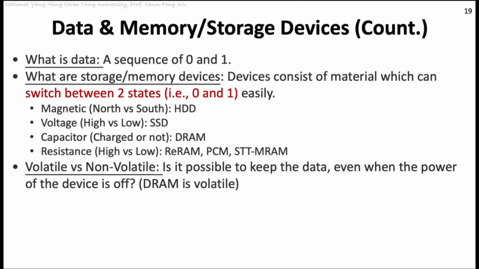DRAM is volatile, so when you shut down your computer, all the data on DRAM will disappear. But for a hard disk drive, even if you don't power it, the data is still there. Even for SSD, if you carry your SSD away from the power, the data is still inside the SSD.